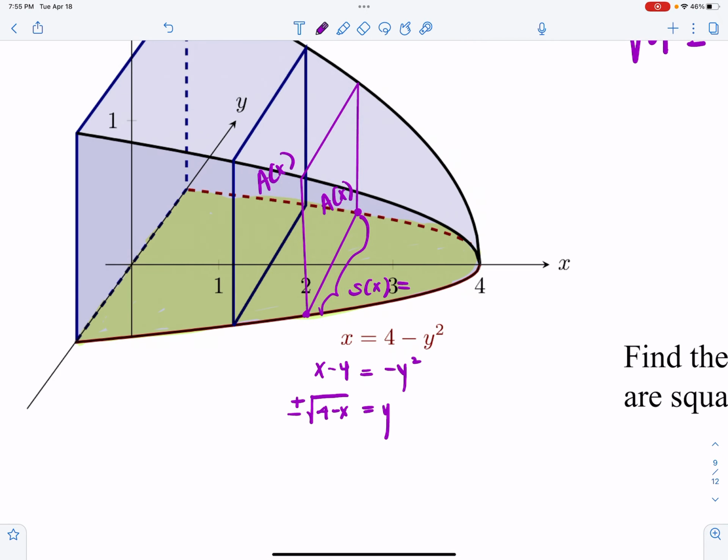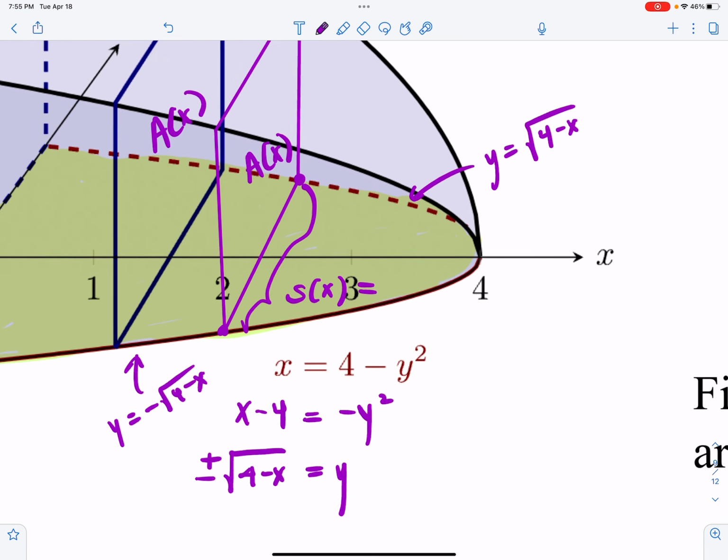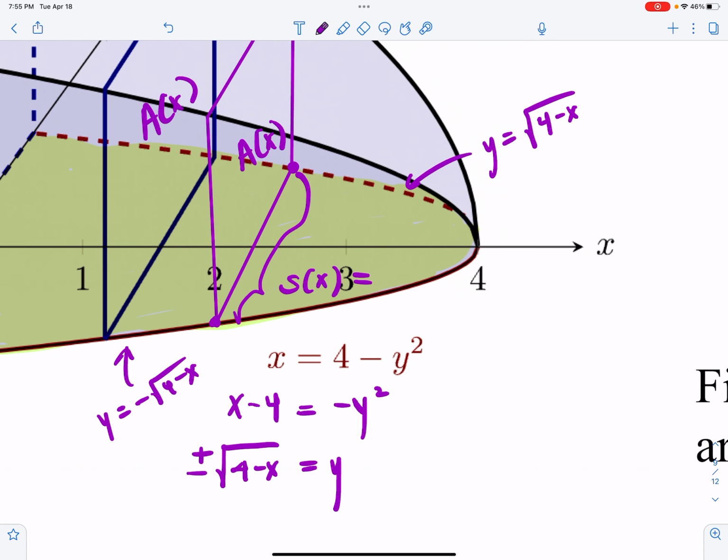The top part of the parabola would be y equals the square root of 4 minus x, and the bottom part would be y equals the negative square root of 4 minus x. So thinking about how to come up with that distance, this is similar to coming up with the radius of rotation, right?